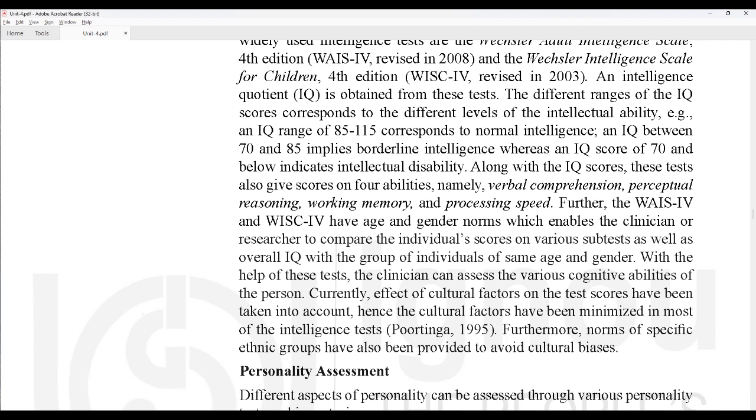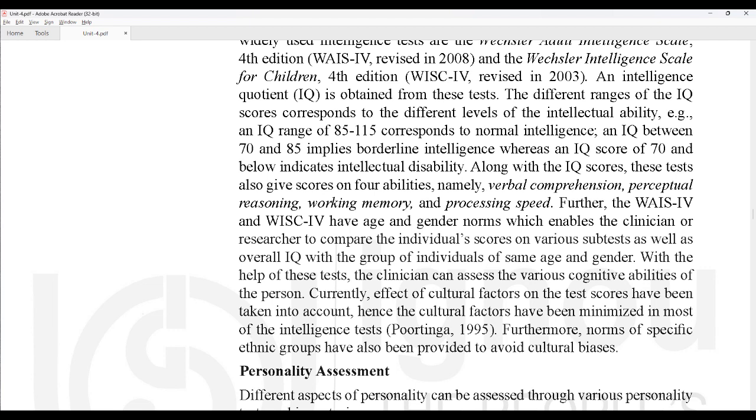Along with the IQ scores, these tests also give scores on four abilities, namely verbal comprehension, perceptual reasoning, working memory, and processing speed. Further, the WAIS-4 and WISC-4 have age and gender norms, which enable the clinician or researcher to compare the individual's scores on various subtests as well as overall IQ with a group of individuals of the same age and gender.